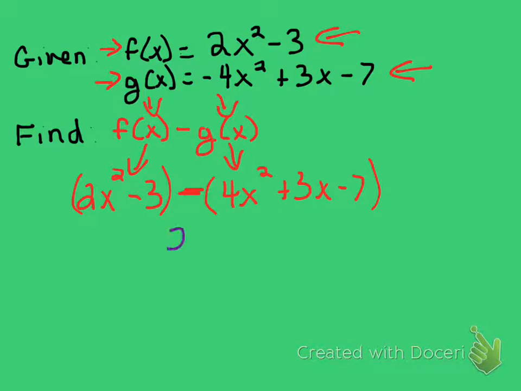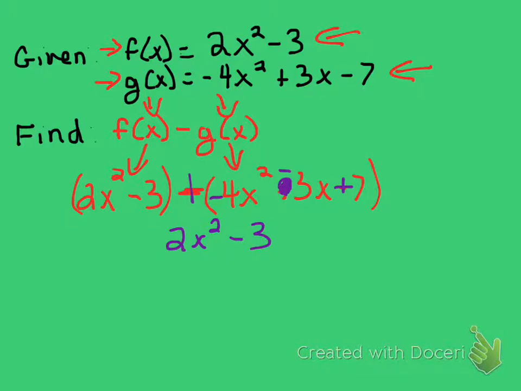So 2x squared minus 3, and I'm going to line up my like terms, but I'm going to change all of the signs so that I can make this addition. So I'm going to change my negative 4x squared to a positive. The positive 3x I'm going to change to a negative, and my negative 7 I'm going to change to a positive. So now I'm adding.